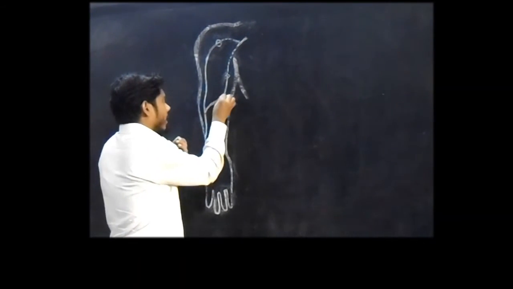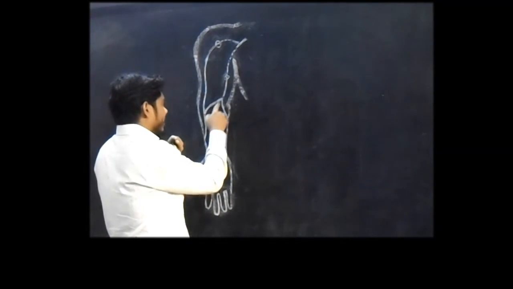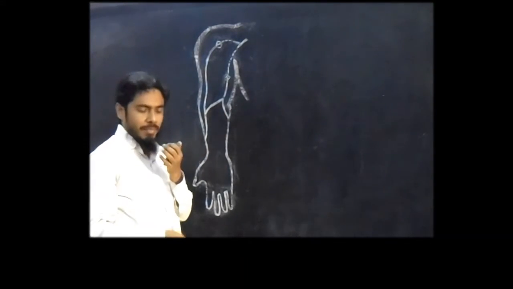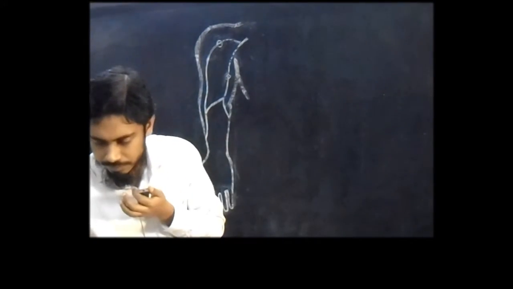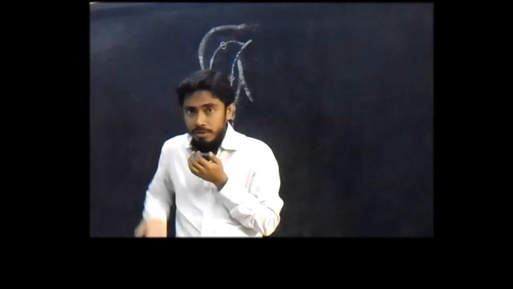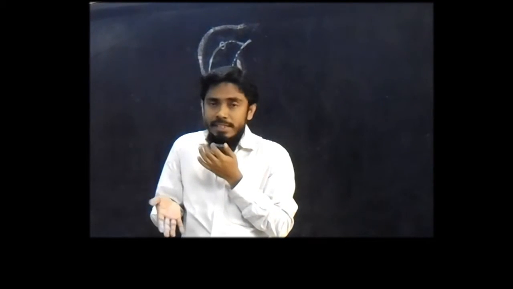Okay, and how will you remember that the direction of the median cubital vein is from the cephalic vein up to the basilic vein? If you keep your hand in anatomical position, looking now, what is the direction of the thumb?